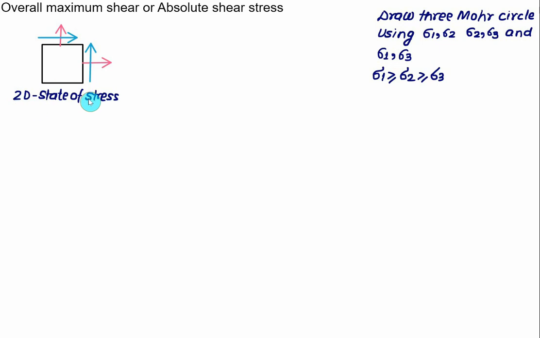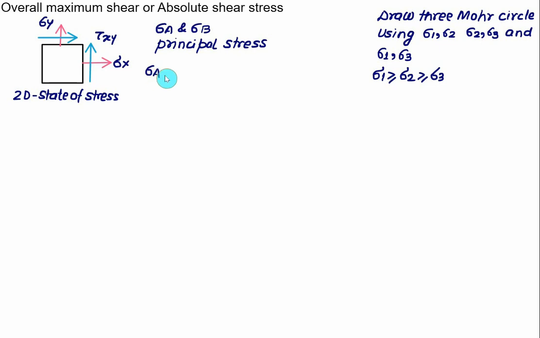If the two-dimensional state of stress has stress along the x-axis equal to sigma x, shear stress equal to tau xy, and along the y-axis sigma y, then you can calculate the two principal stresses, which we label as sigma A and sigma B. When the values of sigma x, sigma y and tau xy are known, we are able to calculate the principal stress using the same formula that we are familiar with.